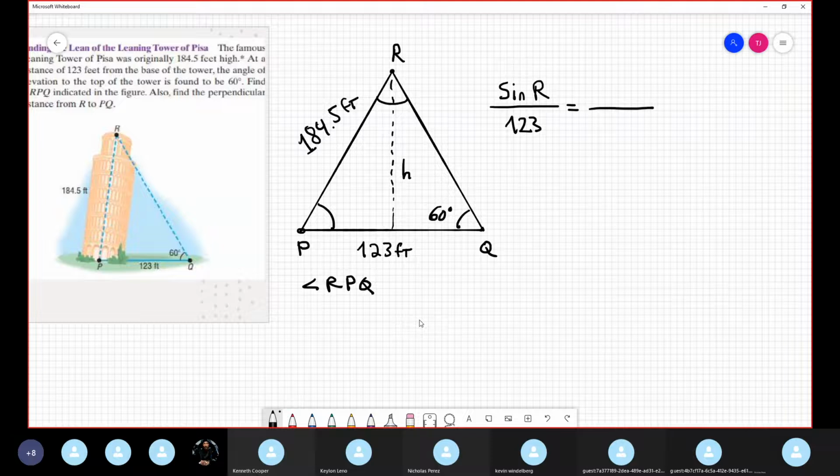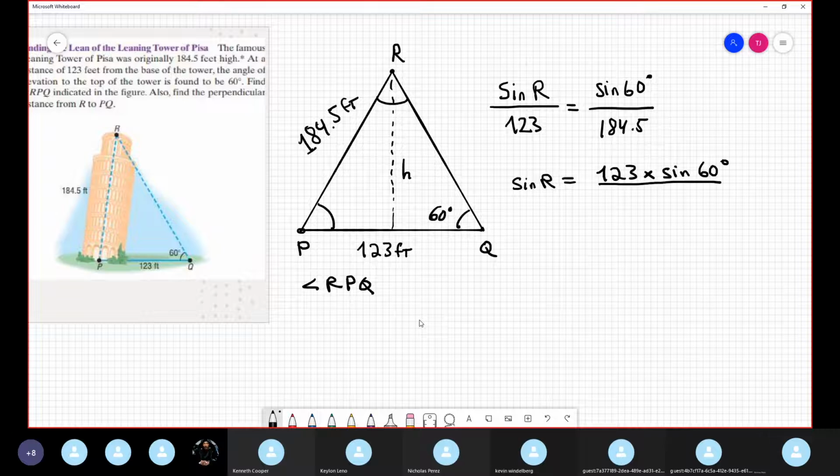is equal to sine 60 divided by 184.5 feet. Okay, therefore I can find the sine R. Cross multiplying, sine R is 123 multiplied by sine 60 divided by 184.5.